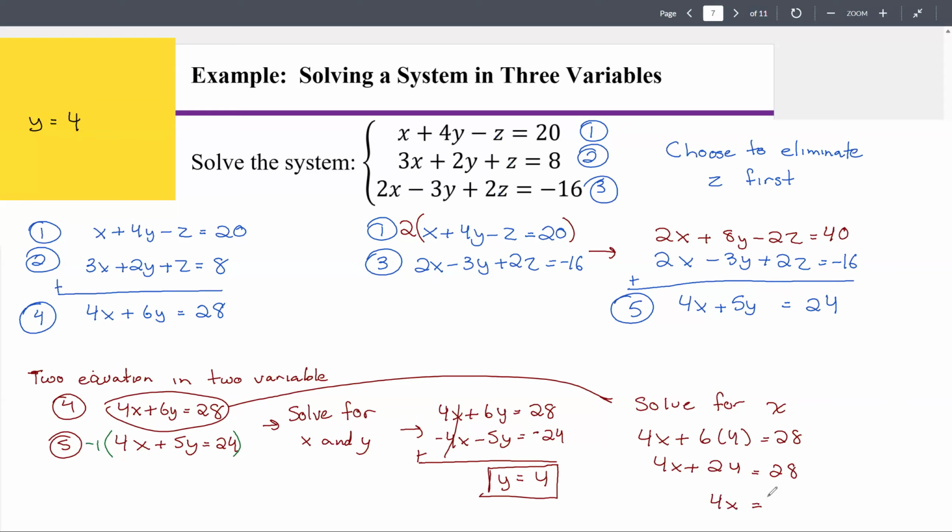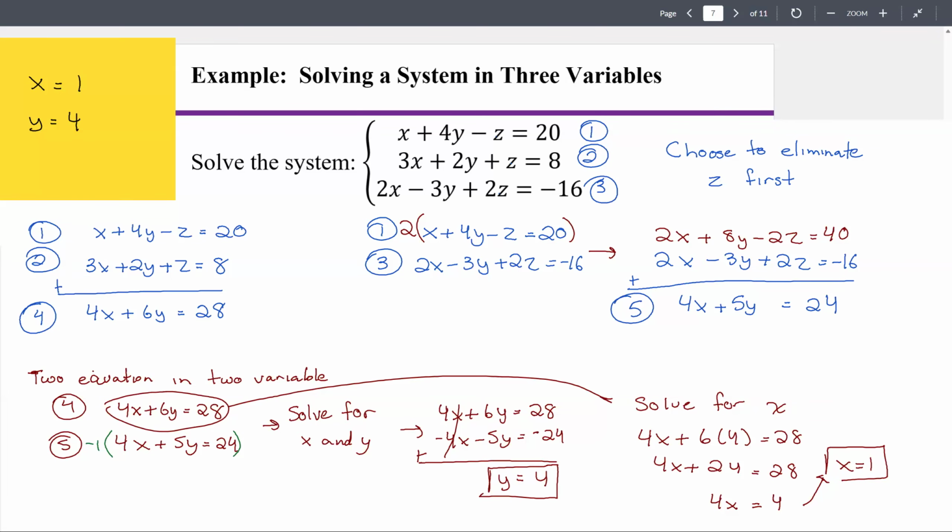So 4x is going to be equal to 4, which means x is going to be equal to 1. All right, we're getting all the right solutions so far. That was the hardest part of all of this.